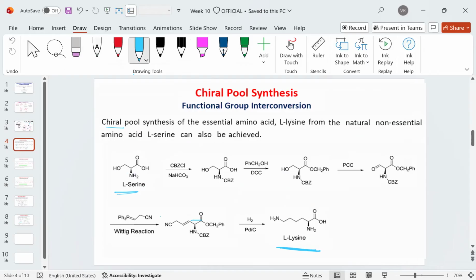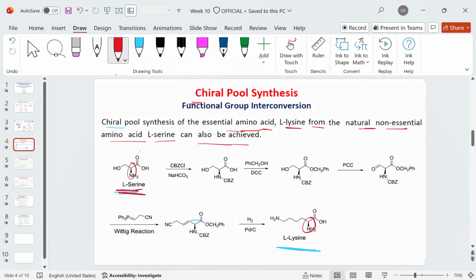We selected L-serine as our starting material, and we kept the chiral center of L-serine till the end of our synthesis. In the product, you can see the same chiral center remains as it is. So this chiral pool synthesis of the essential amino acid L-lysine from the non-essential amino acid L-serine can be achieved.